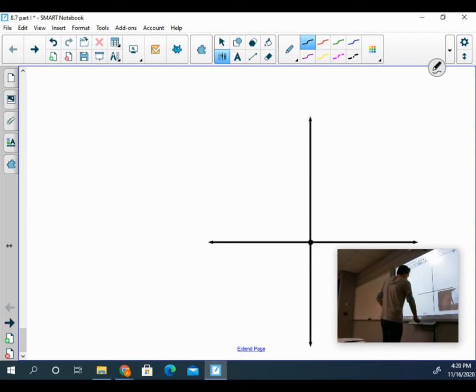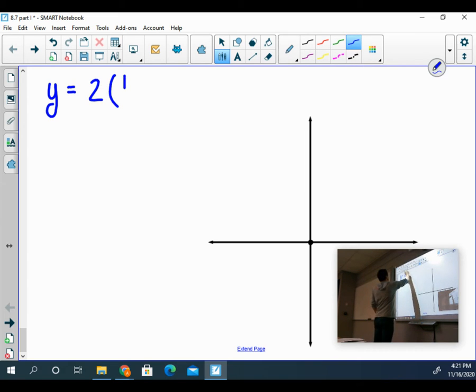Let's say I wanted to graph the exponential function y equals 2 times 1/2 to the x power. 2 times 1/2 to the x power. Well, first things first, I'm going to identify some x values.